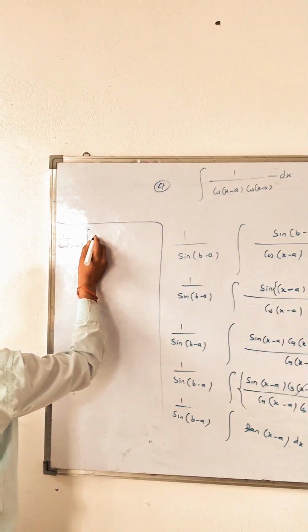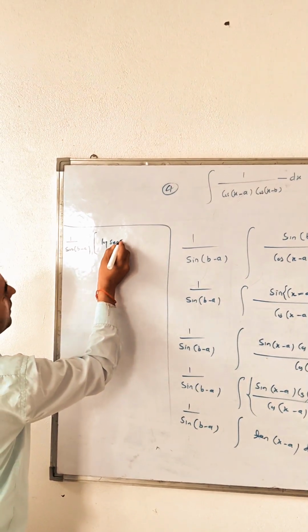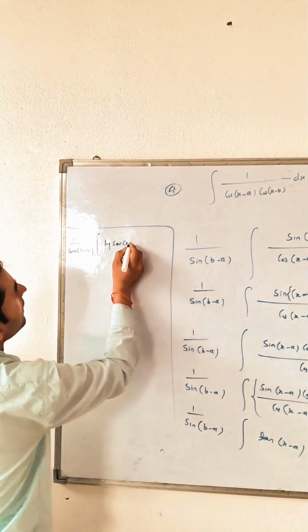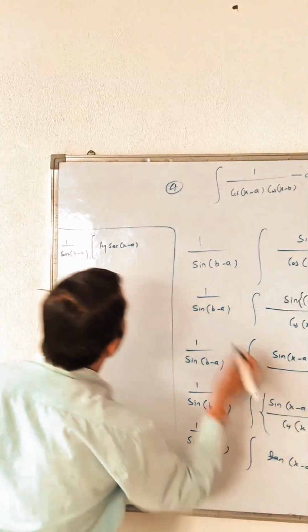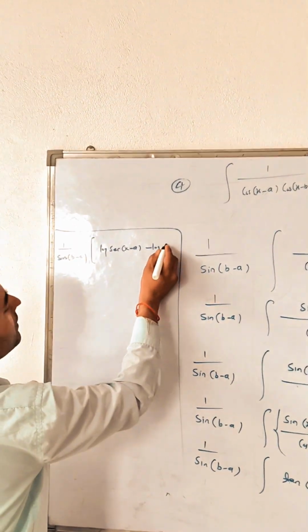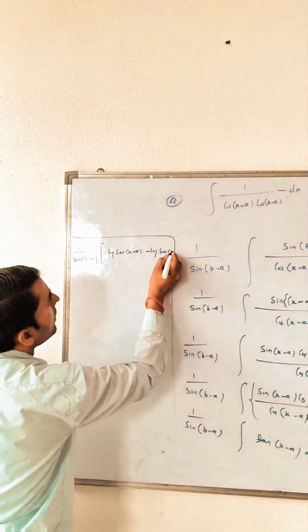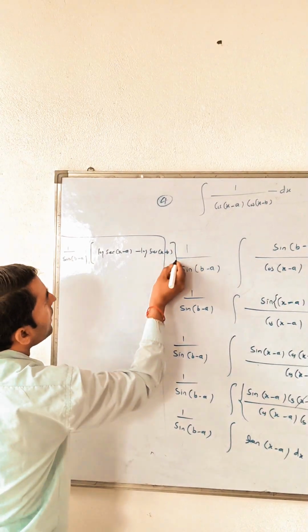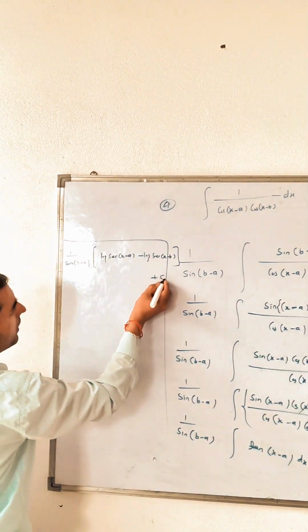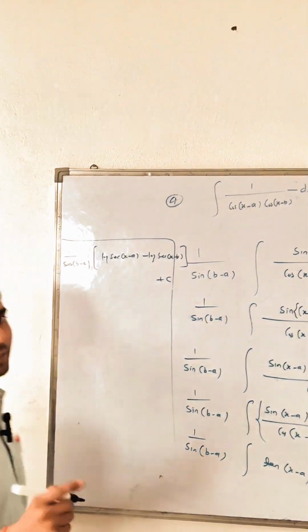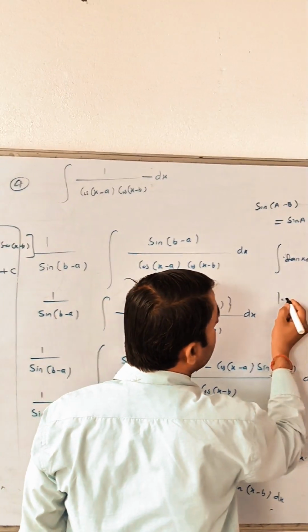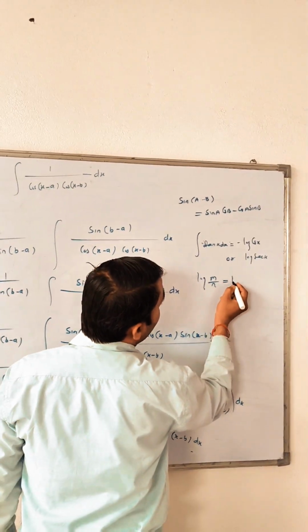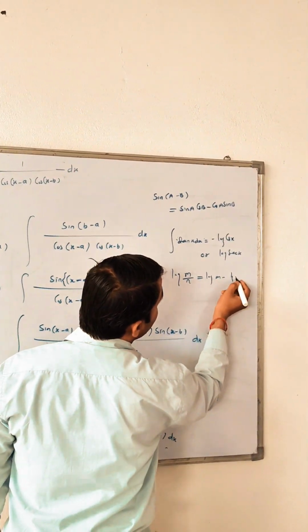Okay, we use here, see all students, 1 by sin(b minus a), and the formula of tan, that is log sec(x minus a) minus log sec(x minus b).